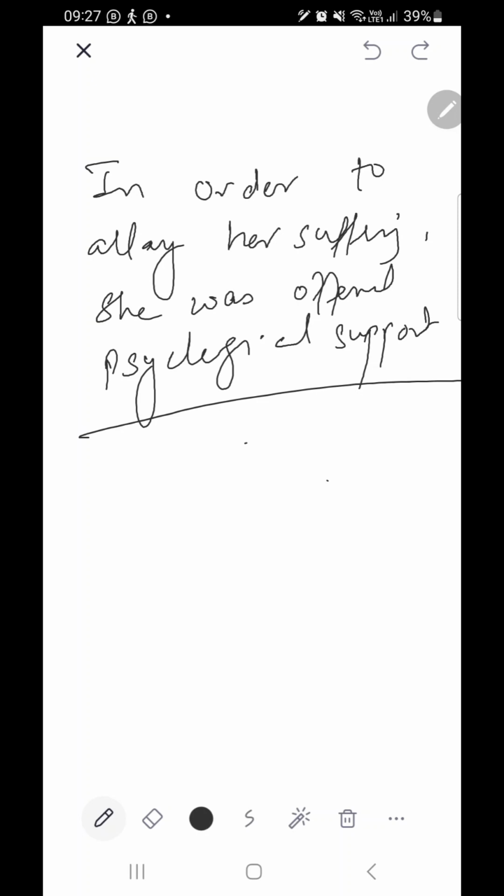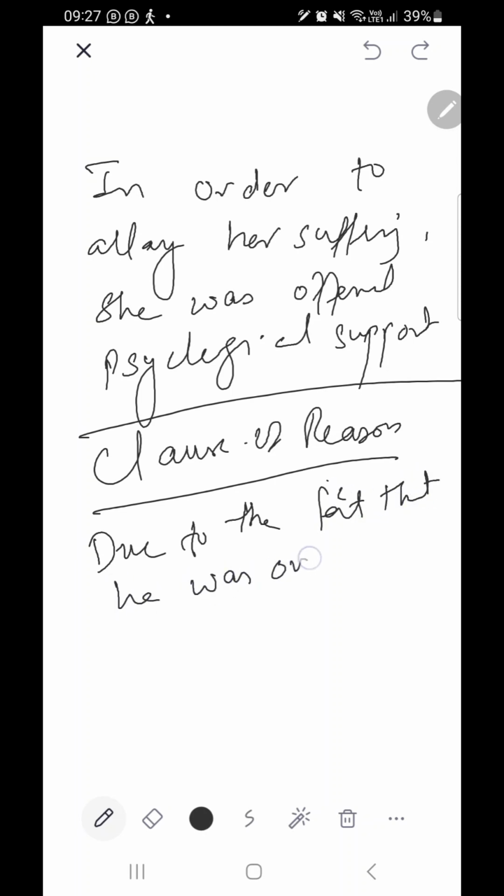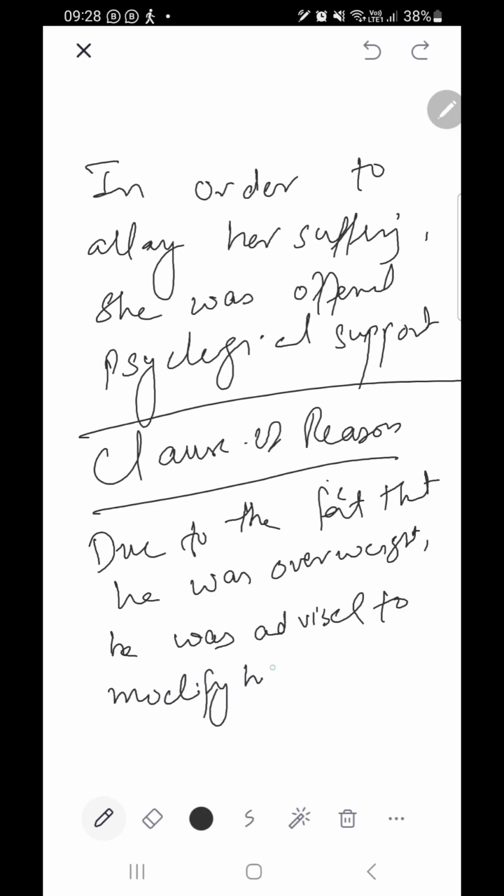Now we have clause of reason. What we can write in the clause of reason, for example, due to and because. Let's say, due to the fact that he was overweight, he was advised to modify his diet.